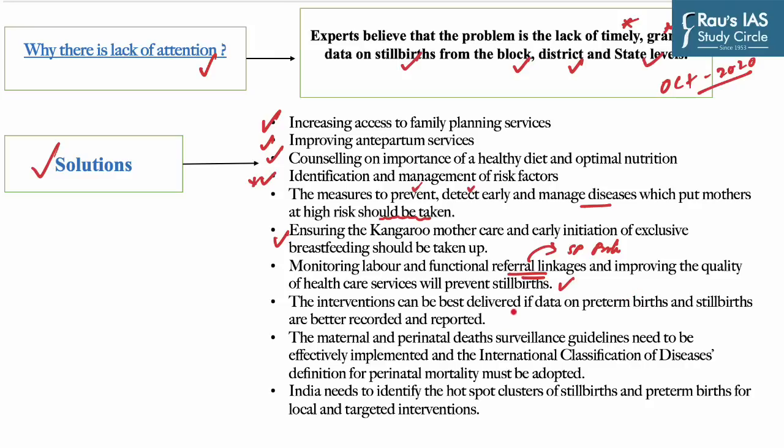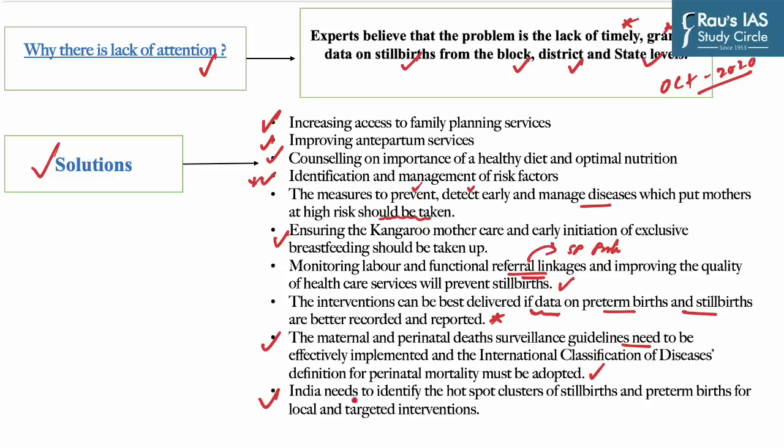The interventions can be best delivered if data on preterm birth and stillbirths are better recorded as well as reported. The maternal and perinatal death surveillance guidelines need to be effectively implemented, and the International Classification of Diseases definition for perinatal mortality must be adopted.